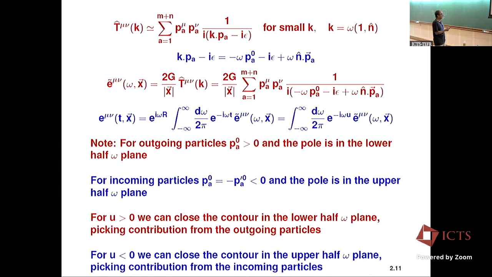Okay? And then because of this observation, we see that we pick up contribution from outgoing particles. This integral can be evaluated using the residue theorem, but in terms of outgoing particles. And for negative u, we have to close the contour in the upper half plane, and we will pick up contribution from the incoming particles. Okay, so this is now a straightforward analysis using Cauchy's theorem.